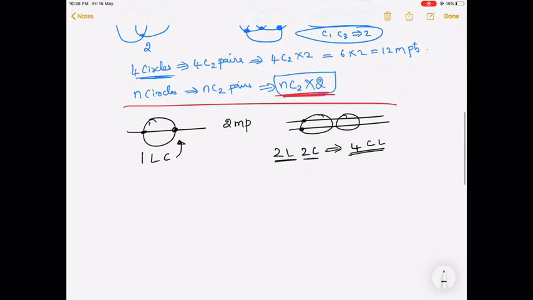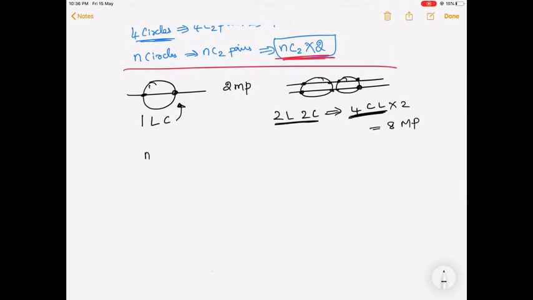So two circles and two lines together give 4 circle-line combinations, and for each there will be 2 meeting points. So totally there will be 8 meeting points: 1, 2, 3, 4, 5, 6, 7, 8.